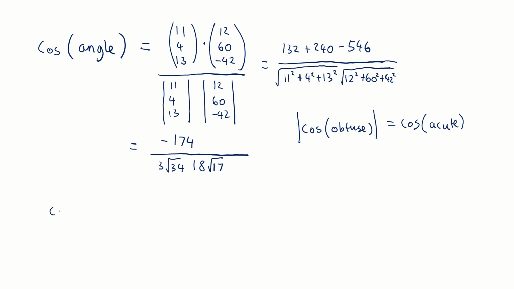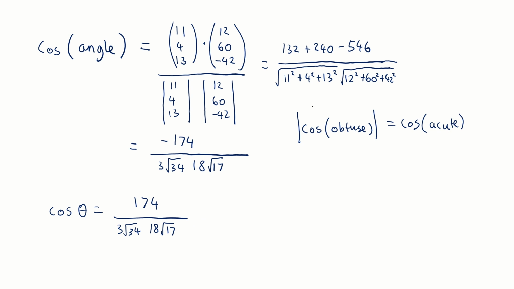So therefore the cosine of theta is just going to equal positive 174 over 3 root 34, 18 root 17. Again, still keeping those square roots as separate things for the moment.